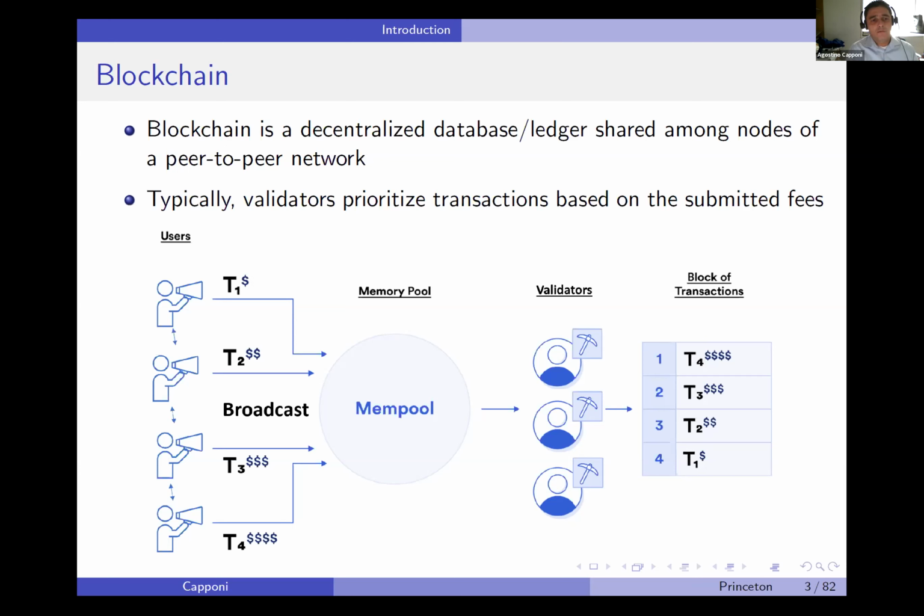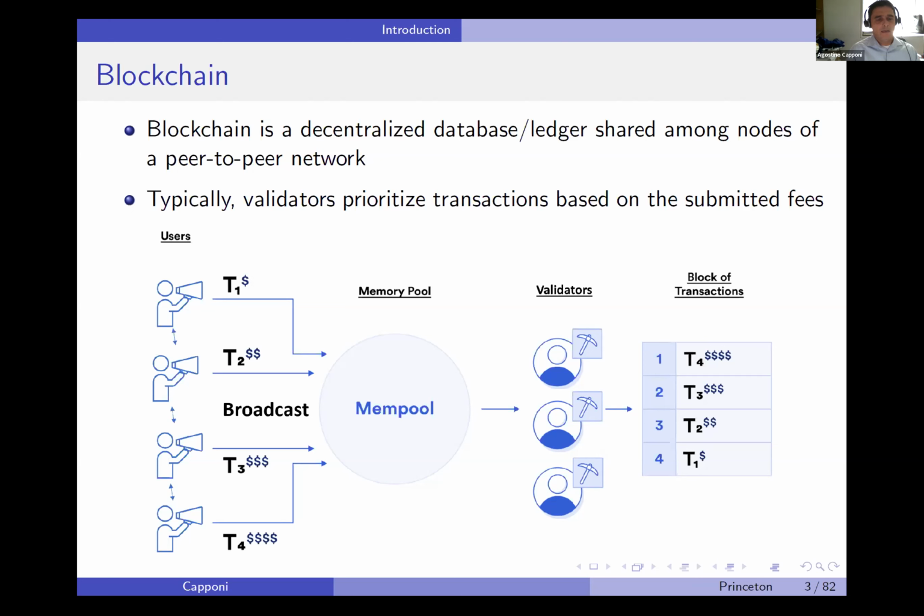If you want to transact, make a payment, or do a derivative transaction over blockchain, you have to submit your transaction and append a fee, because this fee will be used to reward all the validators who will be validating this transaction and making sure that it is correct.